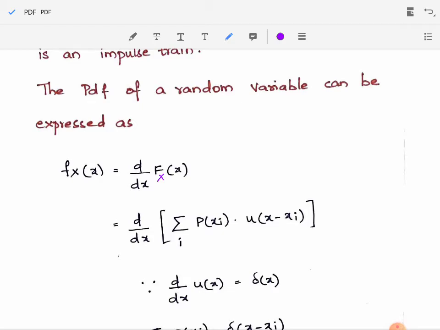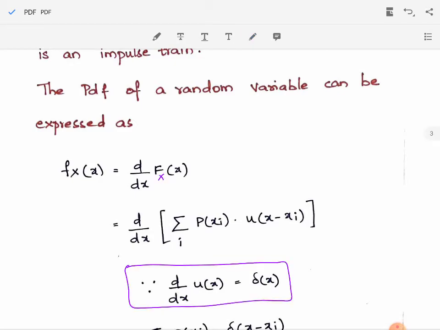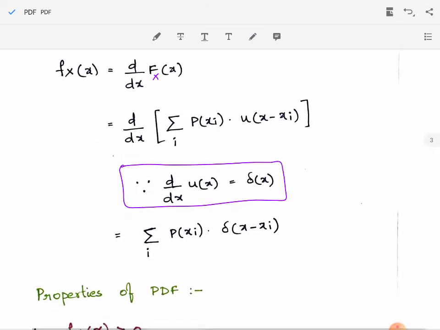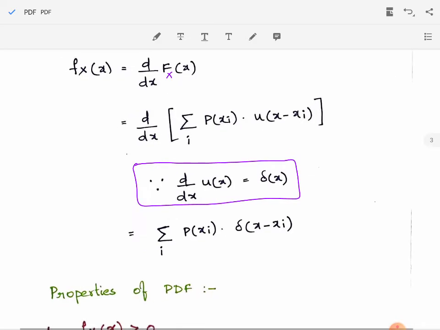And we know that the derivative of the unit step function is the delta function. So substituting this, we get sigma p(xi) into delta(x minus xi) for the values of x equal to xi. So here delta(x minus xi) represents a sequence of impulses or train of impulses with the coefficient probability p(xi).